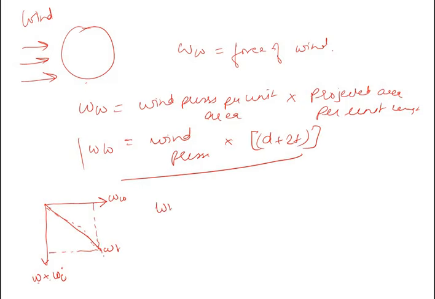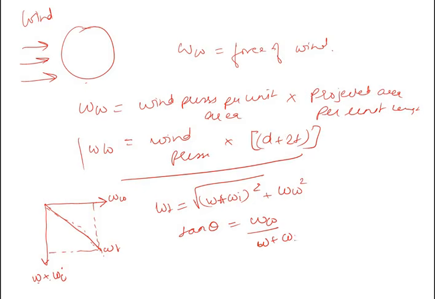Wt is equal to the square root of W plus Wi the whole square plus Ww, the force of wind, the whole square. From this equation we get tan theta equal to Ww upon weight of conductor plus weight of ice.